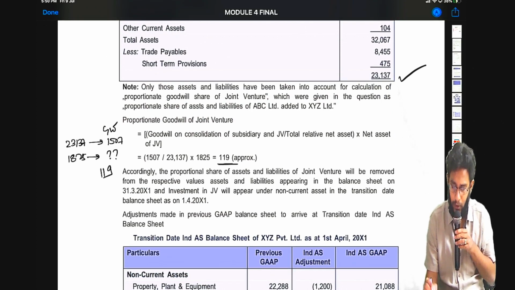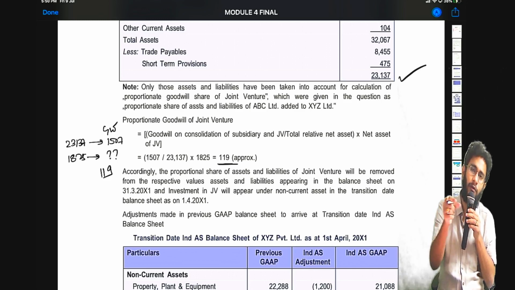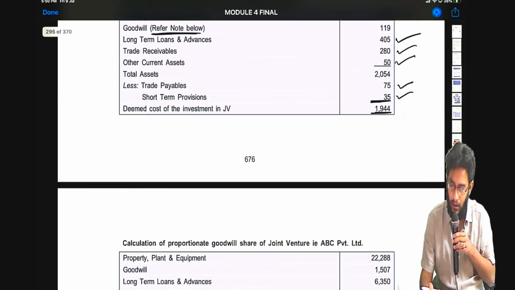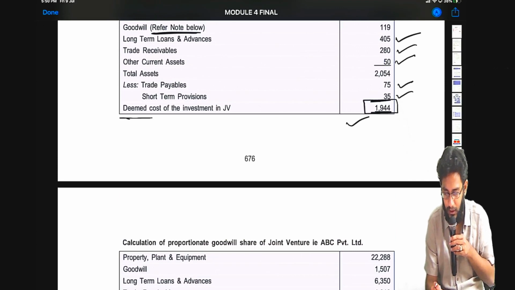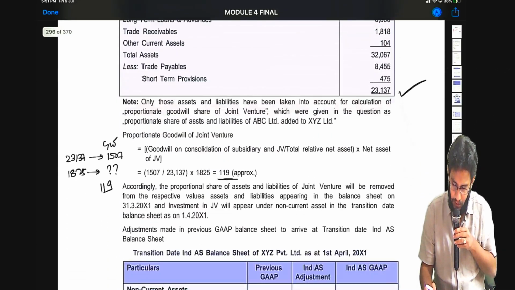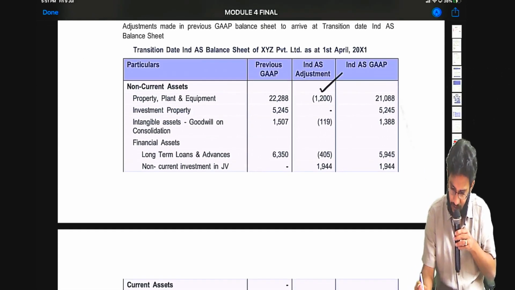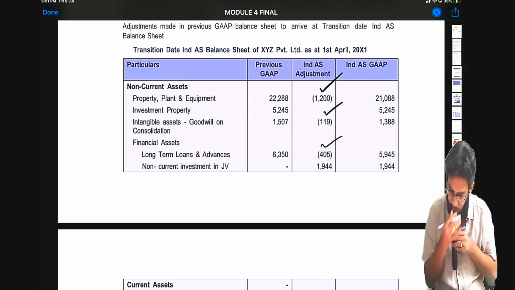So from your balance sheet, from each item you are removing some amount. Similarly, from goodwill 1507 you remove 119. The net assets total you removed came to 1944. That 1944 we will now call the deemed cost of the investment in JV. That's all. From PPE you removed 1200. Intangible assets 119 you removed. Long term assets of 405.